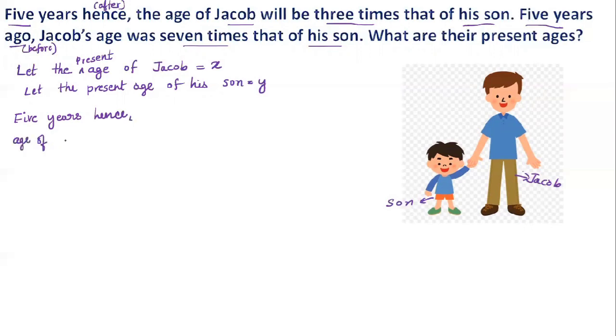So age of Jacob after 5 years will be, now it is x, so after 5 years it will become x plus 5. So what about the age of his son? His son's age also will be 5 more than y. So y plus 5.